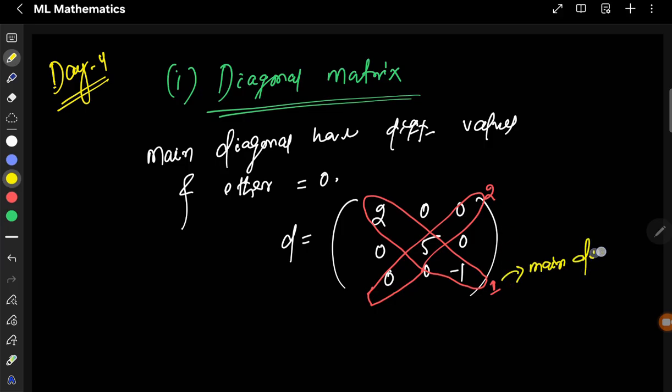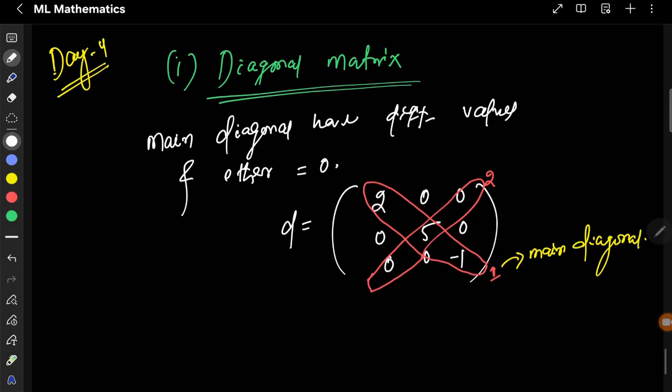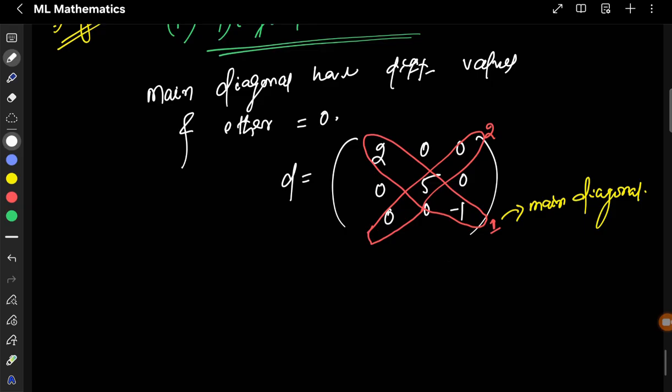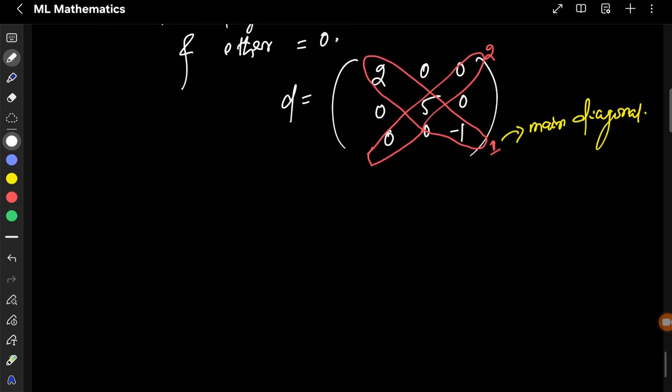Please just understand the concept. In this main diagonal, the elements should be different, not the same, and the other elements in that particular matrix should be 0. That is called a diagonal matrix.